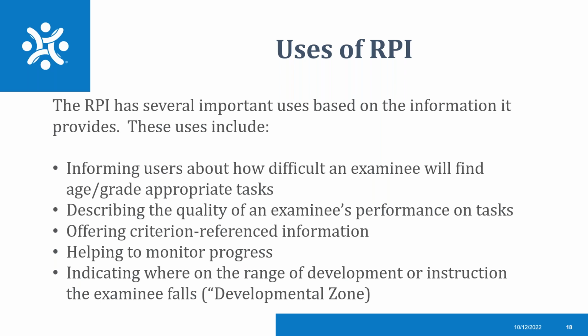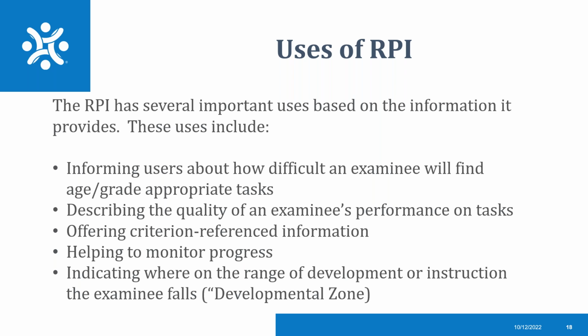And so therefore we can draw conclusions about a student's potential performance in a particular area based on their RPI. It describes the quality of an examinee's performance on the task. So it is criterion referenced information, which explains performance in a different way than, say, a standard score.